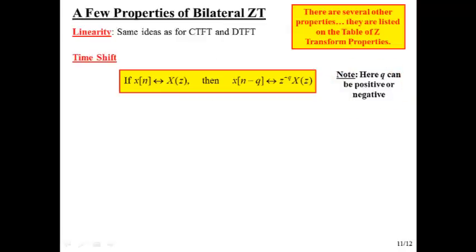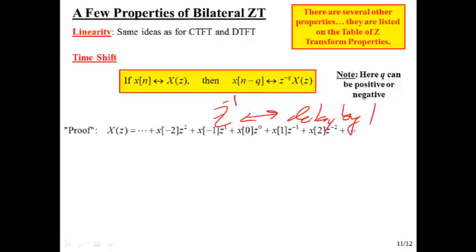A time shift by q is multiplied by z to the minus q. So if we delay by 1, we multiply by z to the minus 1. So this is something that you should be familiar with. Z to the minus 1 corresponds to delay by 1. So big, big, big idea there. That will show up all over the place.